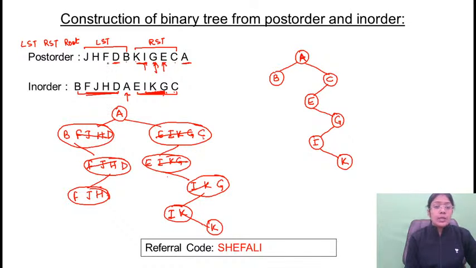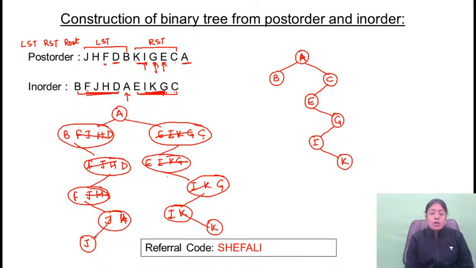Among these elements, F is coming at the end, so F will be the next root, and J and H are on the right. Among J and H, H will be the root, and J is present on the left. Clear?